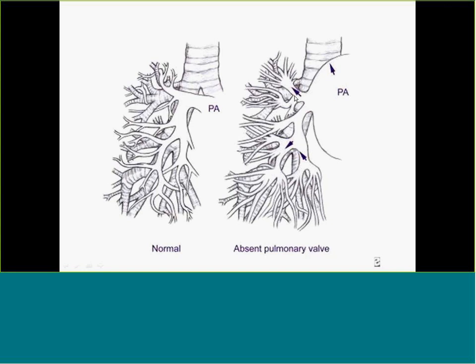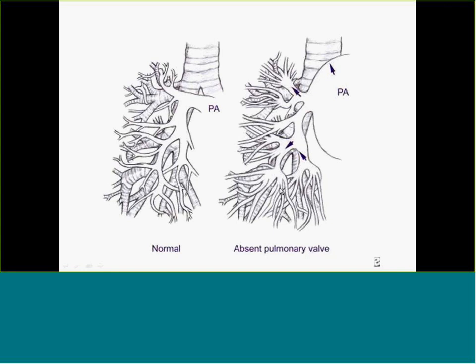When you look at the pulmonary branching pattern in absent pulmonary valve syndrome, you find that the dichotomous branching pattern is not seen. The artery is often abnormal and tortuous, and then ends in a tuft of branches, which all run in a parallel fashion into the alveoli.